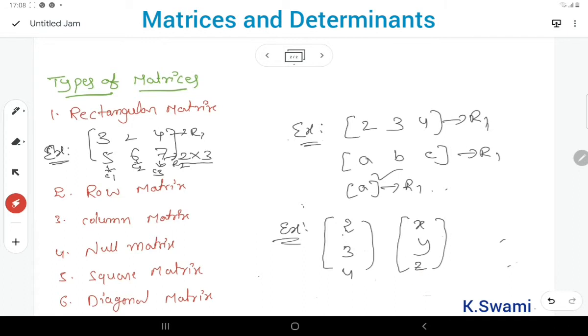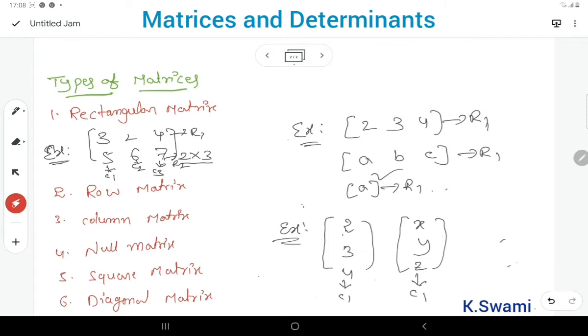A matrix that has only one column is called the column matrix. These two examples are column matrices.